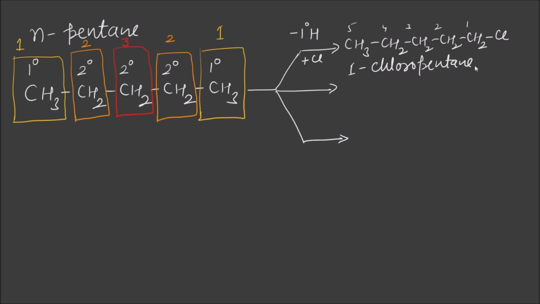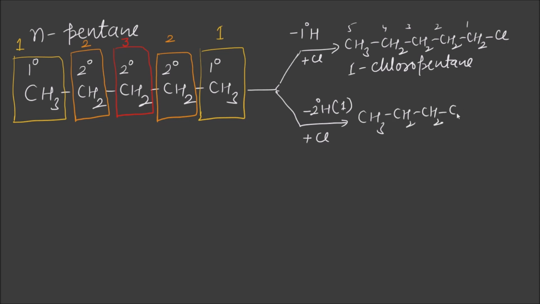Now the second one: remove a secondary hydrogen of the first type, then add chlorine at that place, and we get 2-chloropentane.